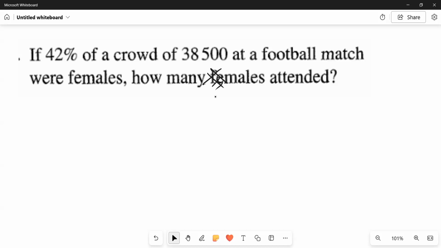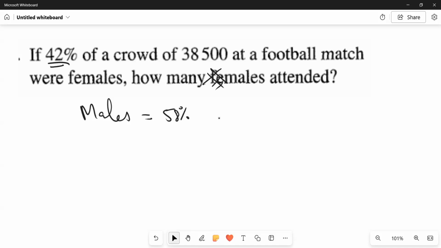Or you could also say, if there were 42% females, what percent will be male? Sir, 58%. Great. 58%.